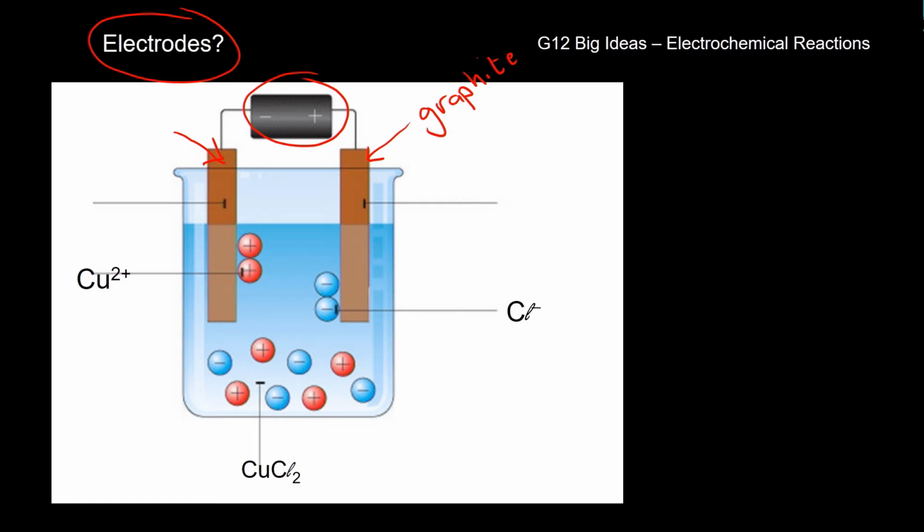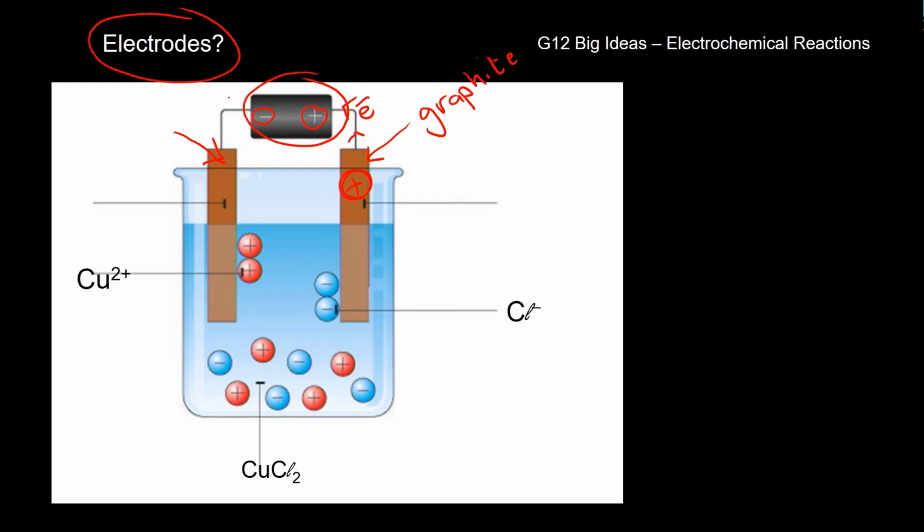With our external battery, you can see we've got a negative terminal on that side and a positive terminal on that side. What is going to happen? Electrons are going to be drawn towards that side of the battery, and so this graphite electrode is going to have a positive charge.